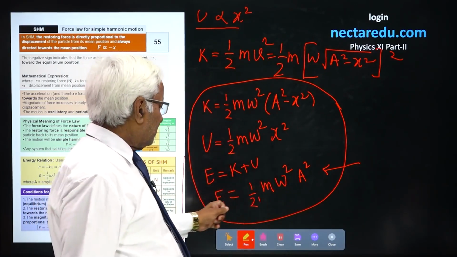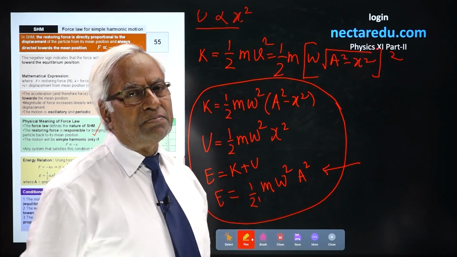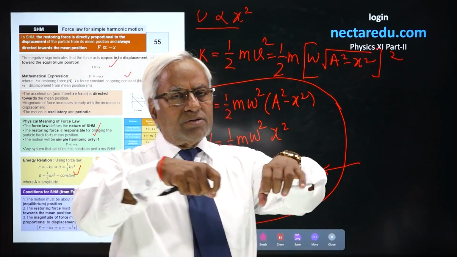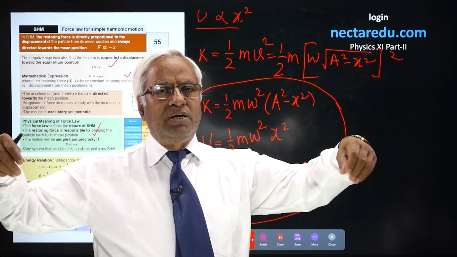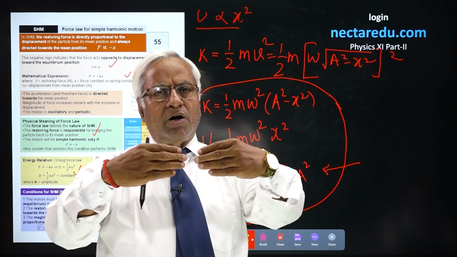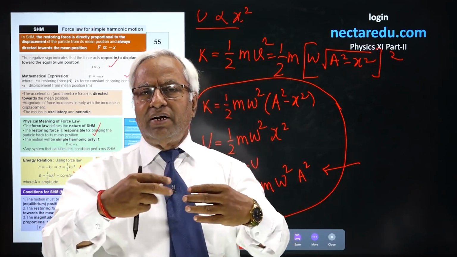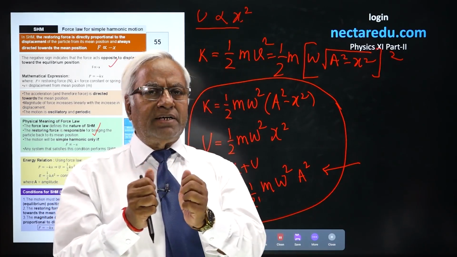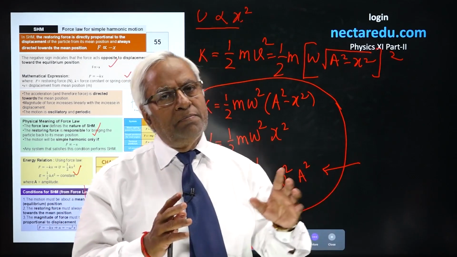You could say this is independent of displacement. What does it mean ultimately? It simply means that it remains constant throughout. Total energy in simple harmonic motion is going to remain constant throughout, whereas the kinetic and potential will go on changing regularly. In the mean position, kinetic energy will be maximum. In the extreme position, potential energy will be maximum.